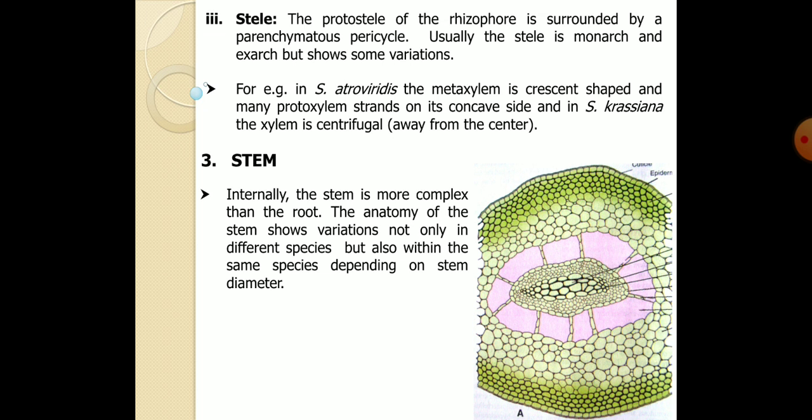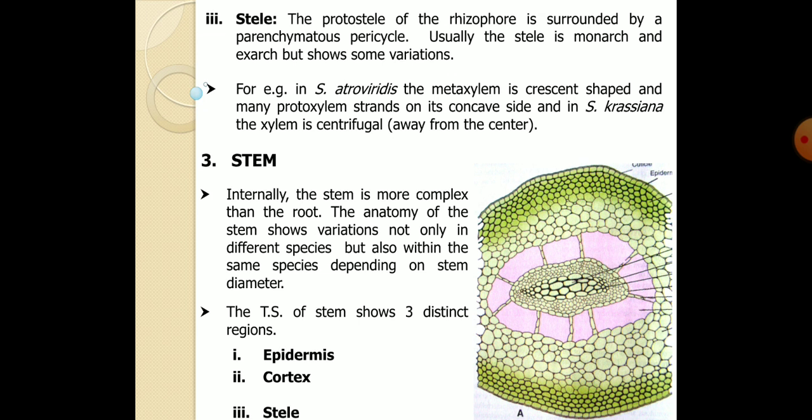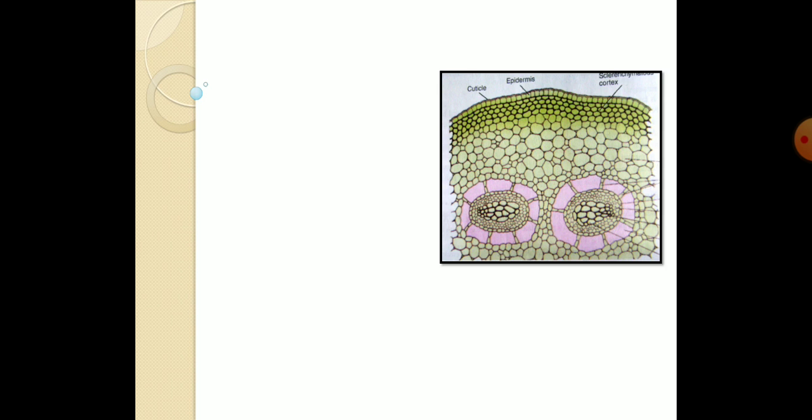Coming to the anatomy of the stem, internally the stem is more complex than the root. The anatomy of the stem shows various regions or structures. Just like the root, it also has three regions: the epidermis, cortex, and the stellar region. The figure shows the outermost layer having the cuticle.